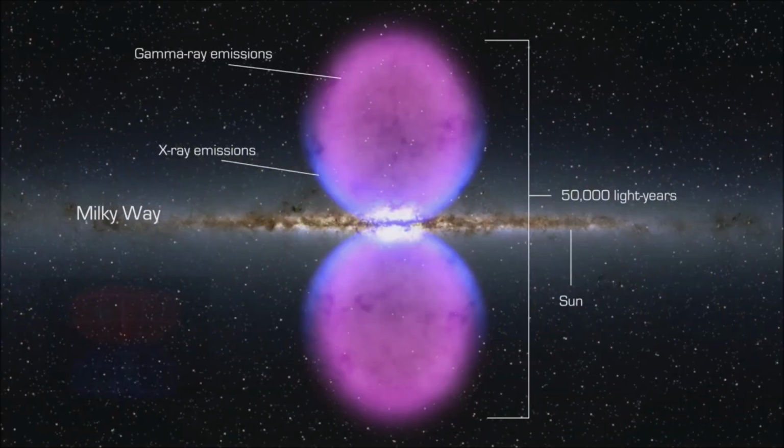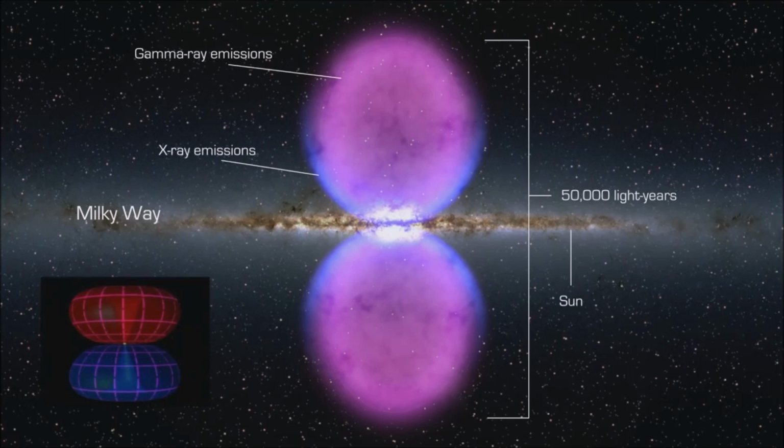So based on what we now know about how bubbles are truly formed in space, the massive bubble structures that have been discovered in our own Milky Way galaxy make complete sense.